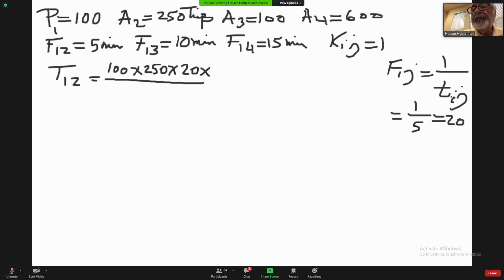What would be your Kij? They said assume equal to 1. Over the summation. What would be the summation? Summation will be Aj, Fij, Kij. So how many j you have? 3. 3 of them, correct?